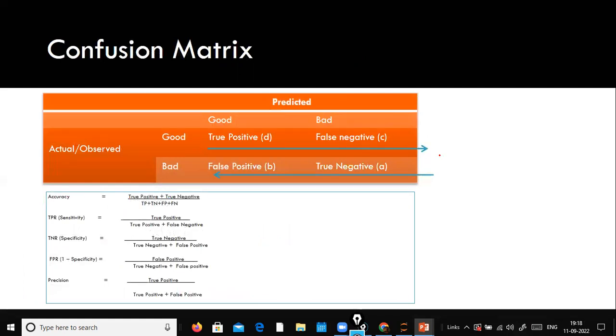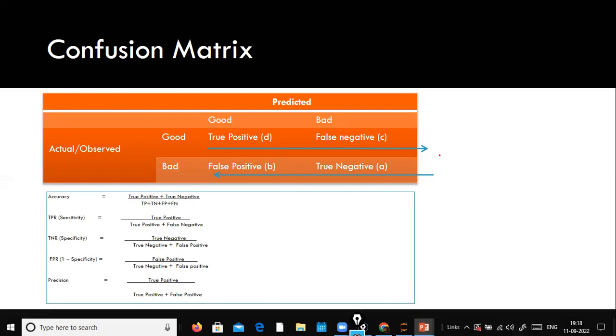Now, we still have some more time. What is a confusion matrix? The confusion matrix is very helpful to ensure how many records, examples or observations my model correctly classified.